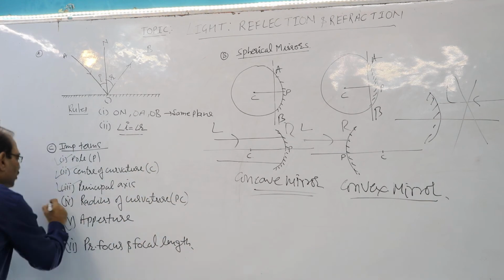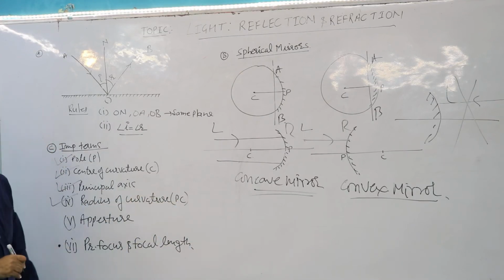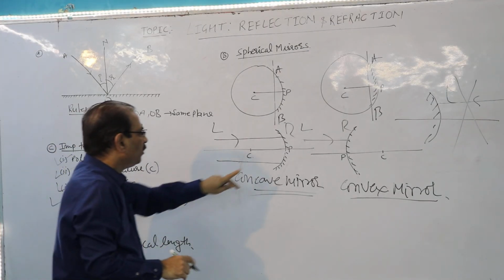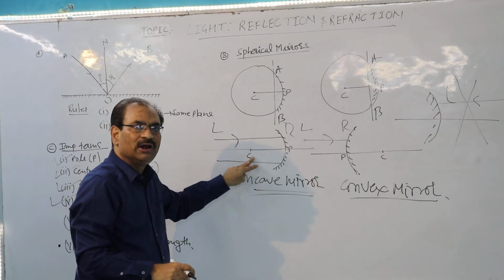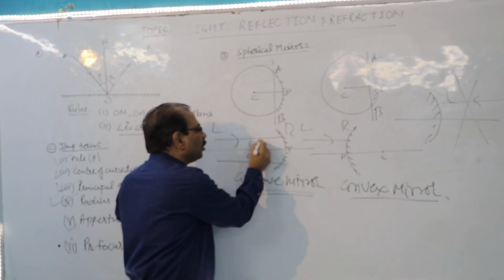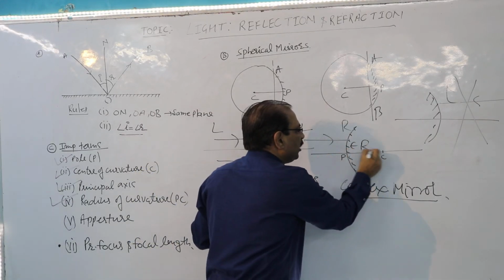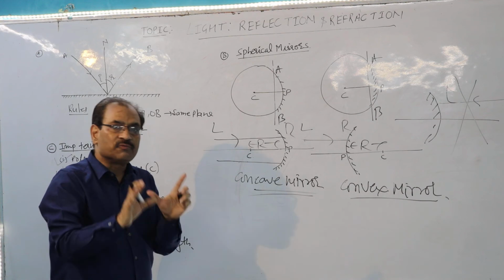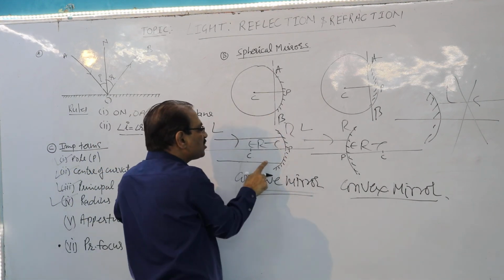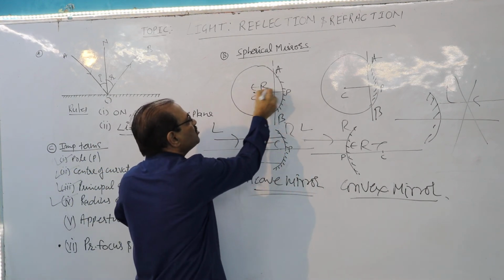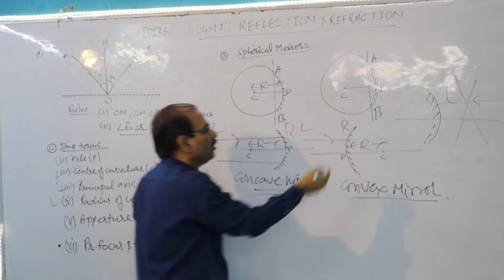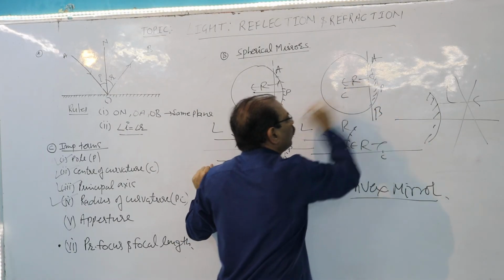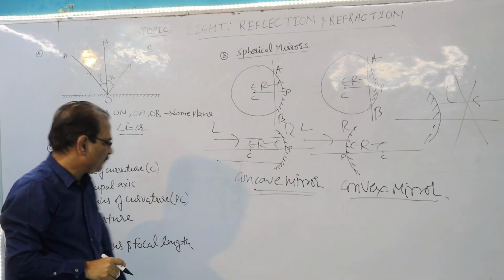Let us come to the definition of radius of curvature. PC represents the radius of curvature, called R. It is very clear that this is the radius of that sphere of which the mirror is the original part.